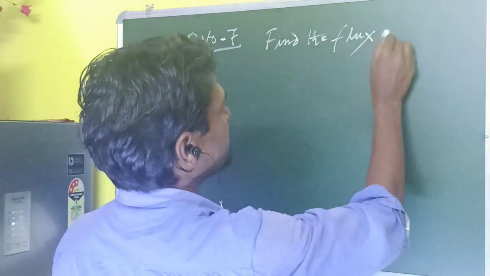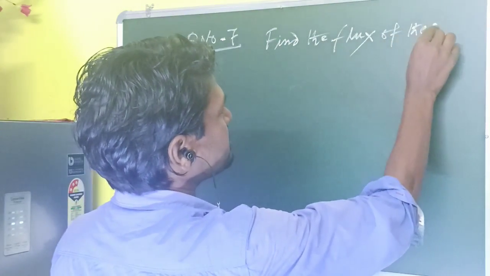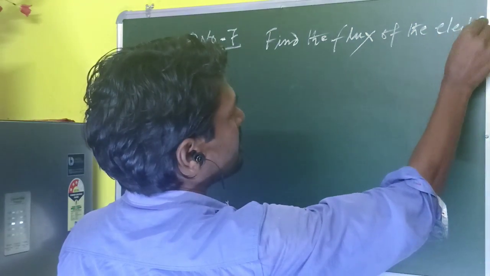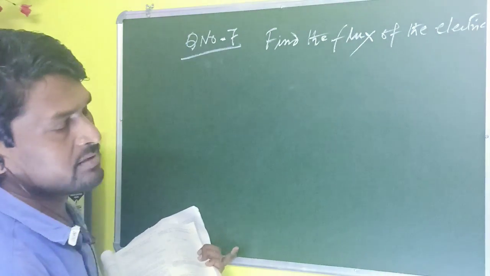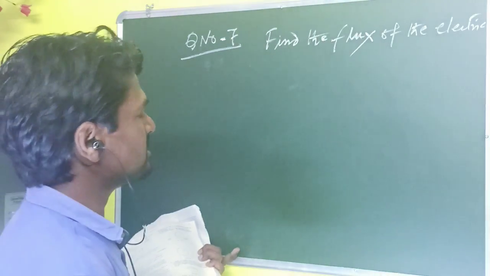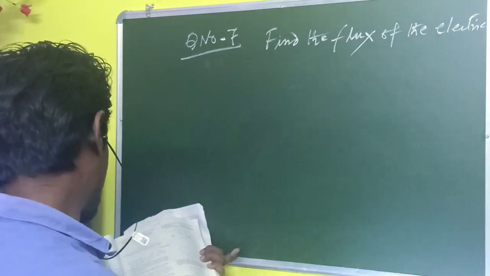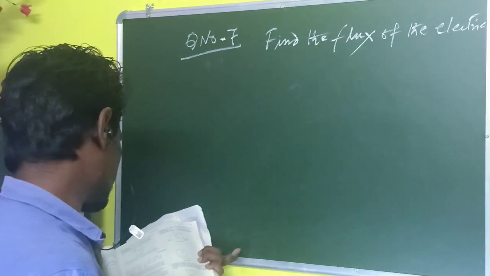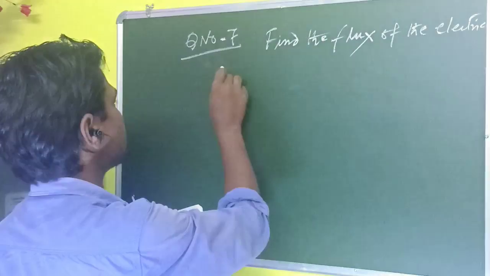Yes, it is for electric fields; you can also calculate flux of a magnetic field. Here you have to find the flux of the electric field through a spherical surface.